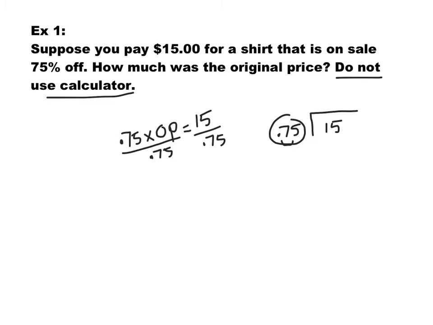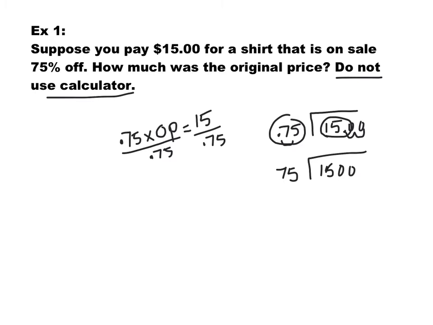The same thing I have to do with 15. Remember, the decimal is here. So it's going to become 1500 and this becomes 75. I move the decimal 2 points to the right. And for 15, if I move it 2 points to the right, I have to put zeros here.